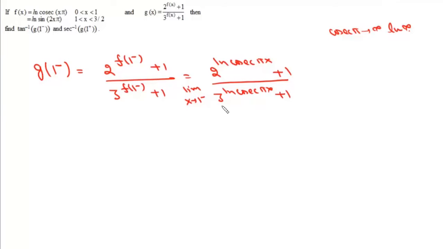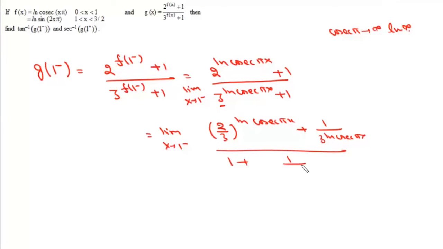So what we'll do is we'll divide everything with 3 to the power log cosec pi x. So it will be this limit x tends to 1 negative and it will be this 2 by 3 to the power log cosec pi x plus 1 upon 3 to the power log cosec pi x, and here will be 1 plus 1 upon 3 to the power log cosec pi x.